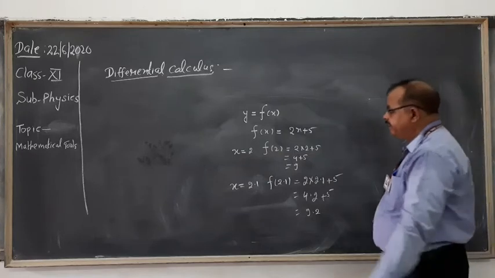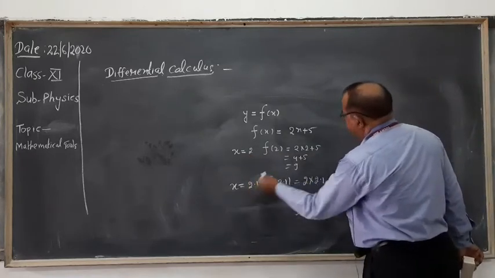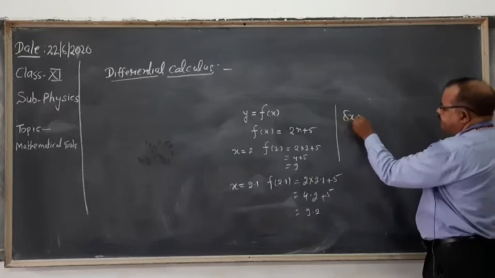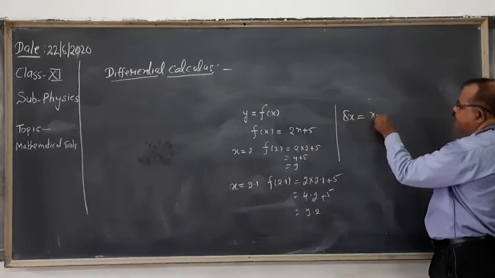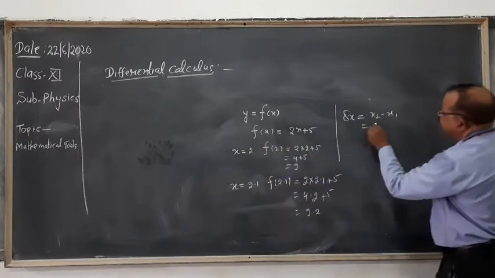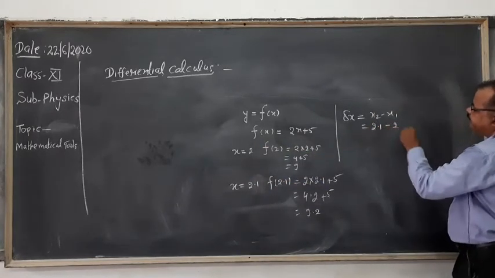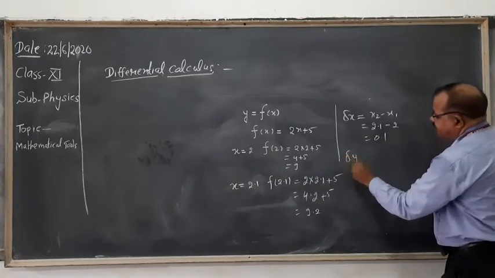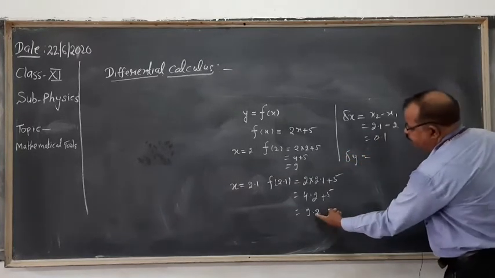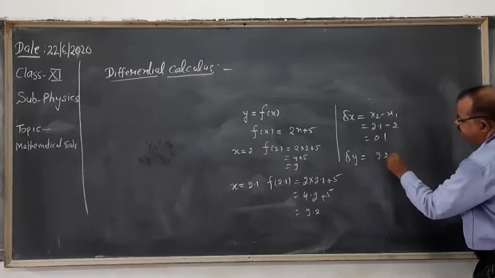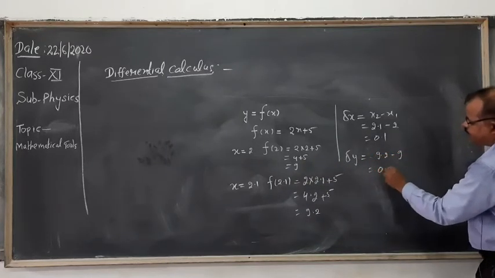So children, here del x means a small change in x, this is x2 minus x1, that is 2.1 minus 2, that is 0.1, and del y is 9.2 minus 9, this is 0.2.